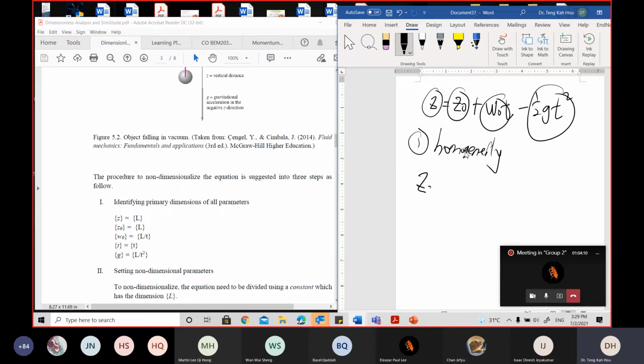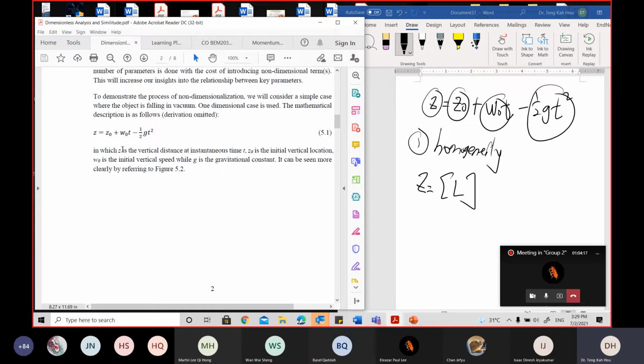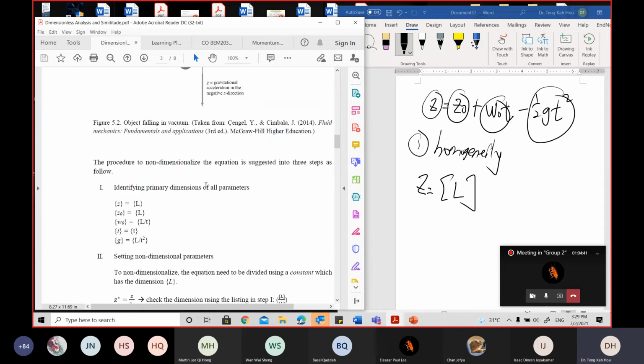You have z equal to length. In the questions, a lot of times they will let you know that this symbol refers to distance, and z0 refers to your initial location. w0 refers to my vertical speed, g is the gravitational constant, and t is obviously the time. You need to write down all these things.